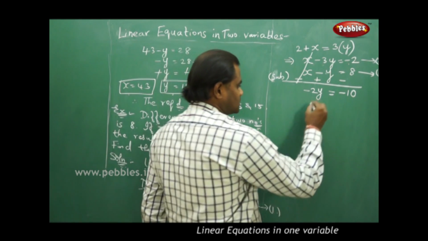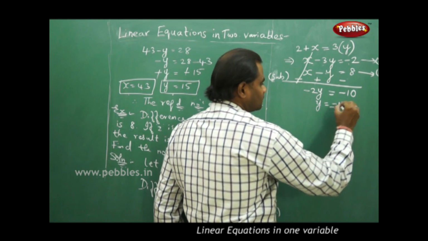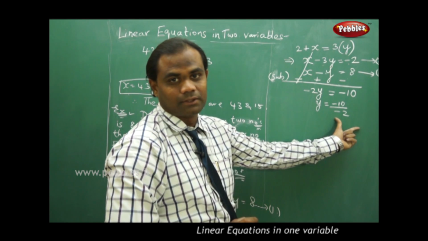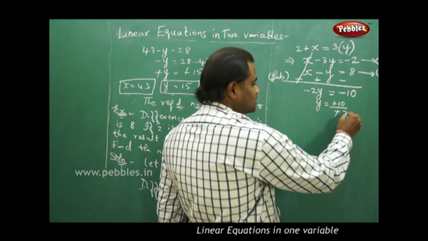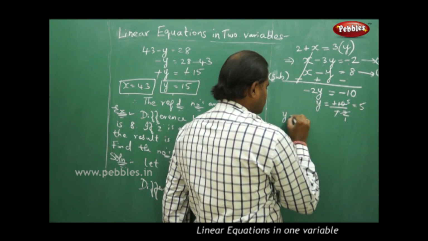So the y value is negative 10 over negative 2. Both negative signs get cancelled, and 2 fives are 10, so I get y equal to 5.